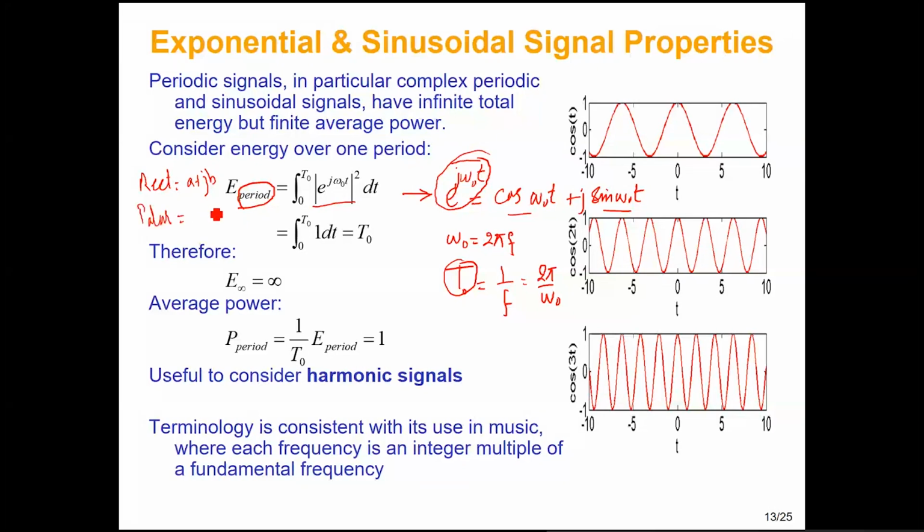Polar is basically r e raised to the power of j theta. So e raised to the power of j omega naught t is a complex number, and in polar coordinates it is the magnitude part, which is 1, into e raised to the power of j, the phase part, which is omega naught t.